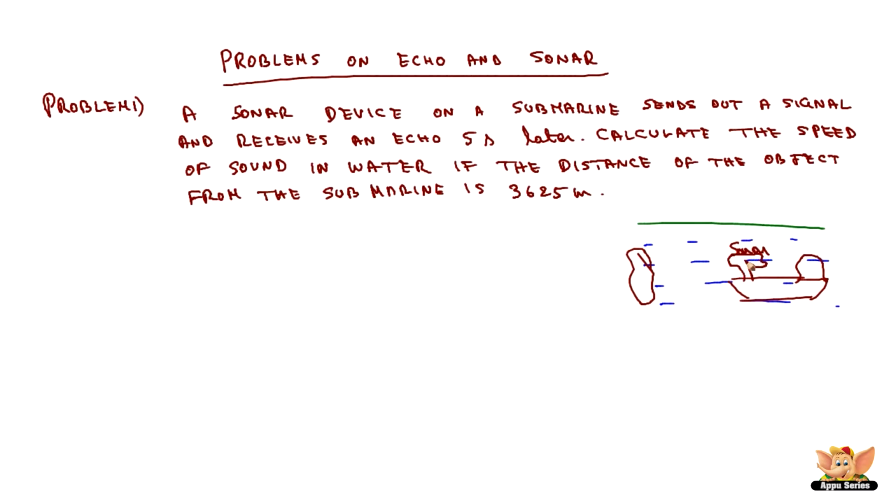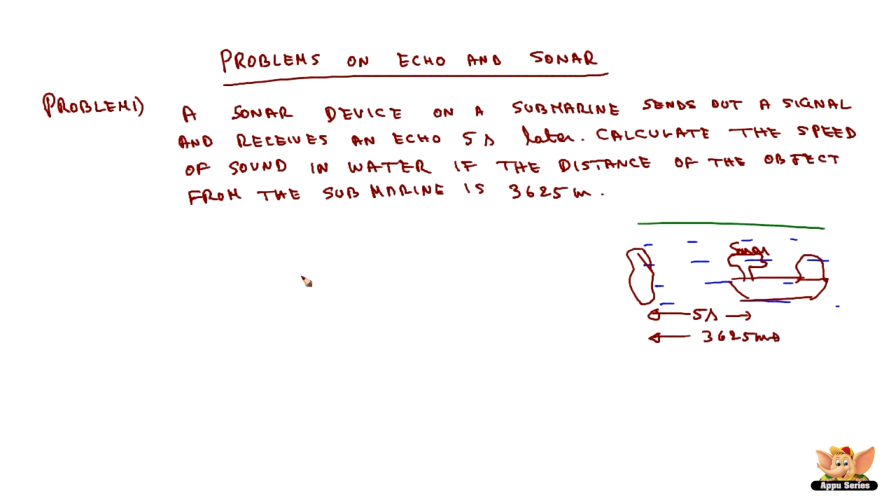So what this sonar does, it sends out a signal and from the object it received the signal after 5 seconds. So the time it took for the echo is 5 seconds. And we know the distance between the object and the submarine, which is 3625 meters. So what do we need to find out now?